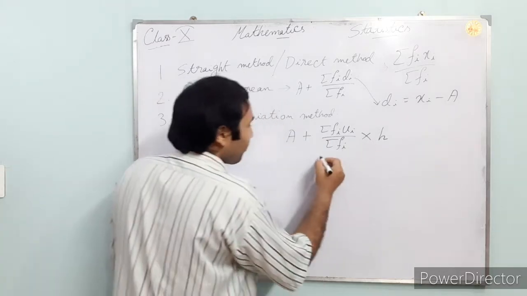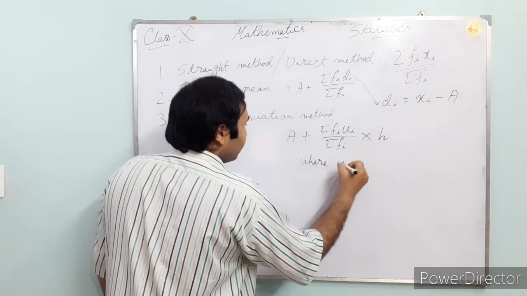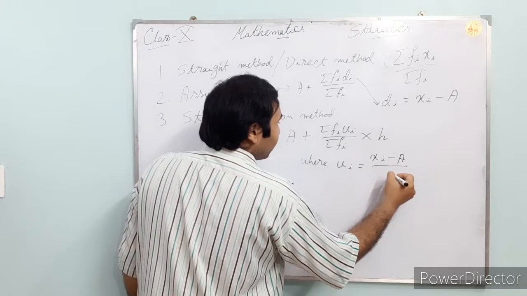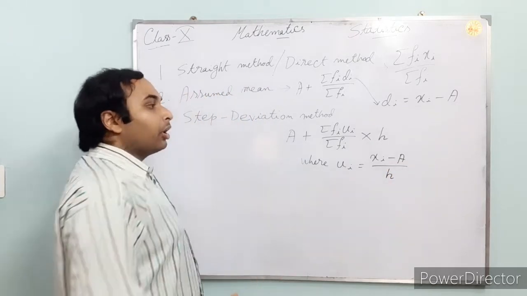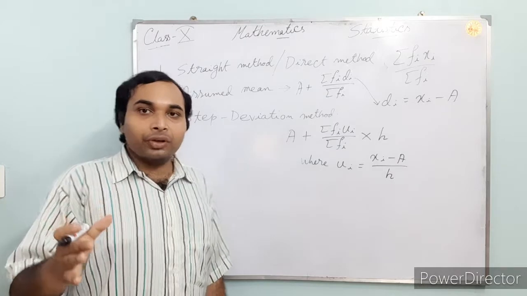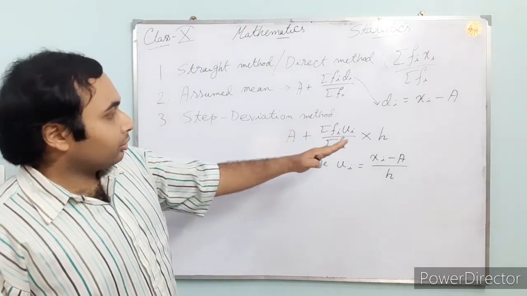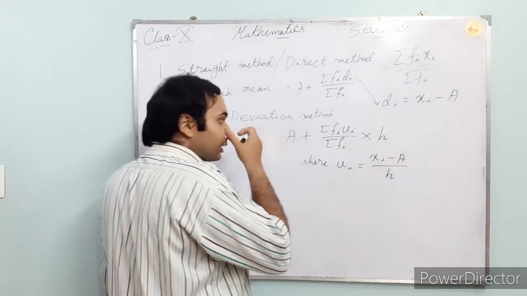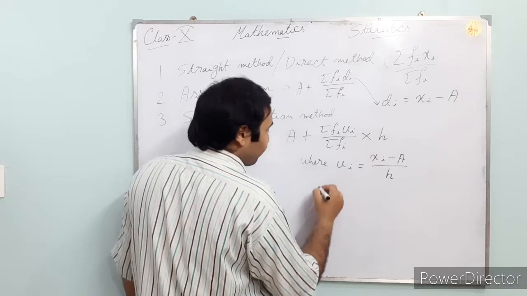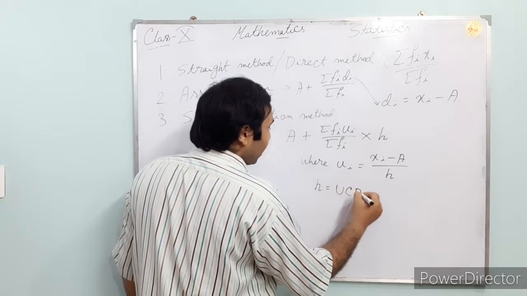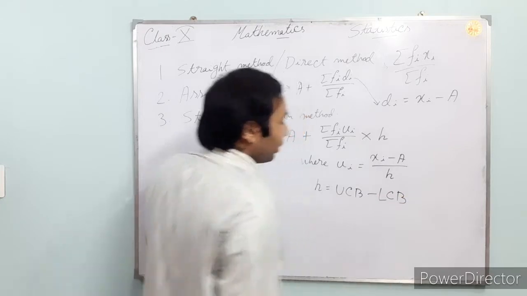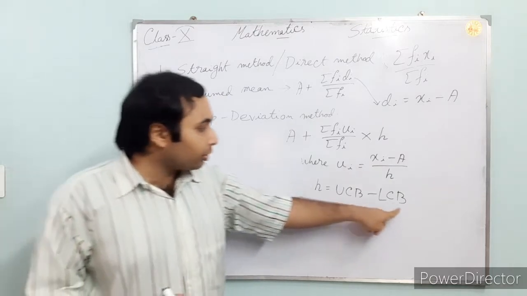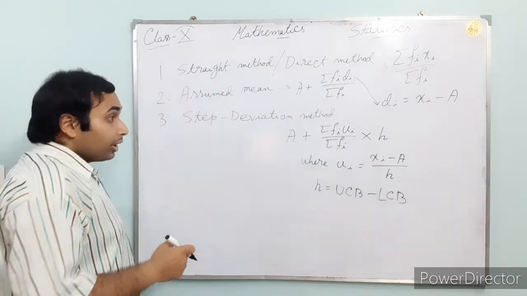Here ui means xi minus a by h. h stands for the class interval. So h means upper class boundary minus lower class boundary. I will show you where these terminologies come from.